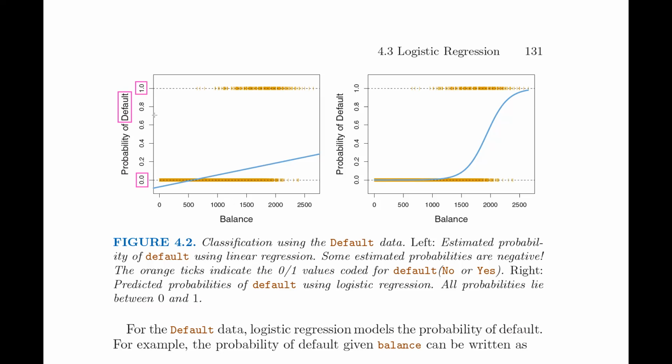That's the coding. If it's 0, the person has not defaulted; if it's 1, the person has defaulted. So you get your data points. For example, 1,500 has defaulted, 2,000 has defaulted, 500 has not defaulted, 2,000 has not defaulted.